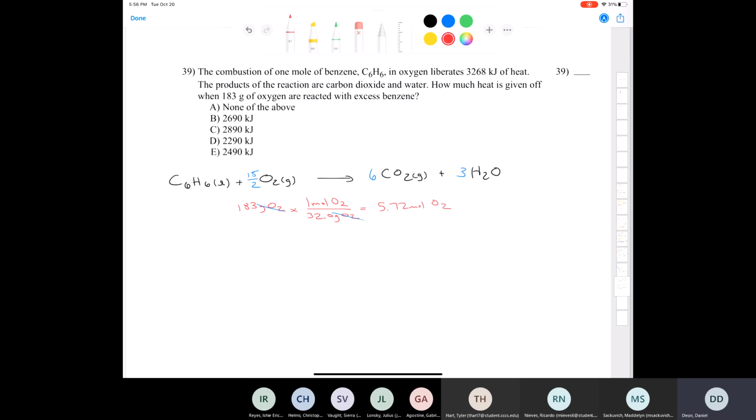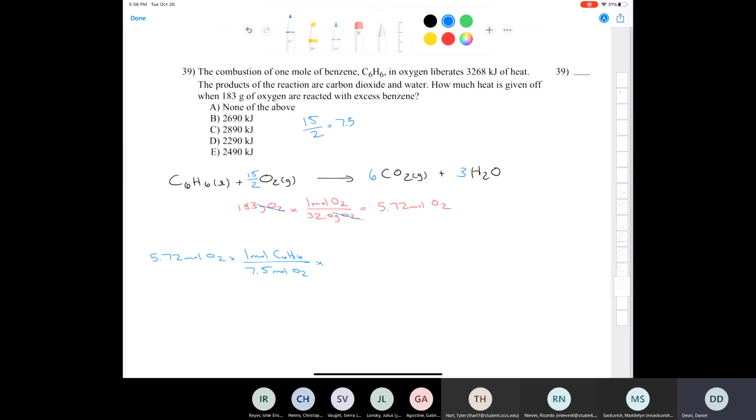The next part is just going to be a little teeny tiny bit of dimensional analysis. If we have 5.72 moles of oxygen, and we know that 15 over 2 is equal to 7.5, so we know that for every 7.5 moles of oxygen, we consume 1 mole of benzene.